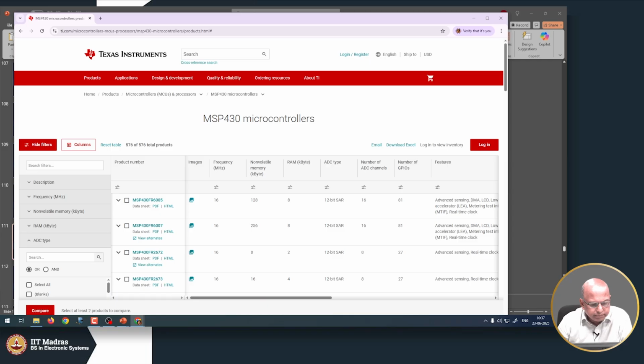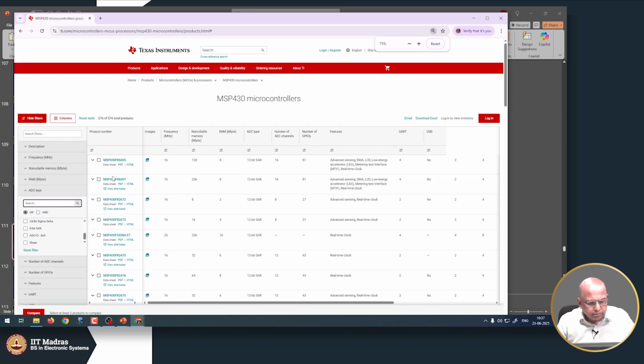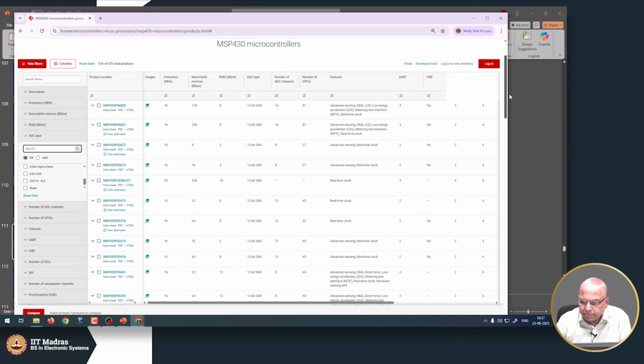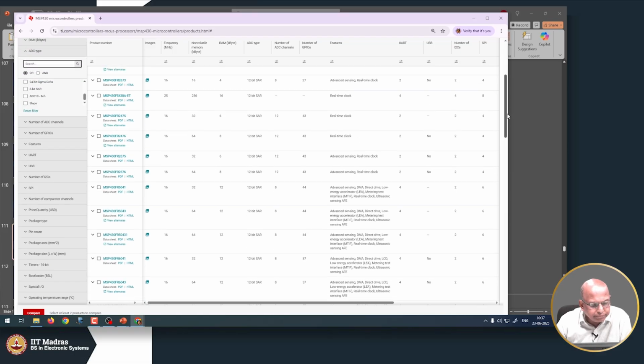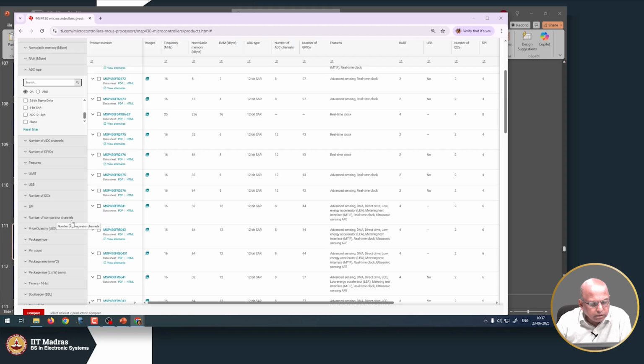And I may be interested in looking at other parts such as, you can find, I believe these are analog comparators.